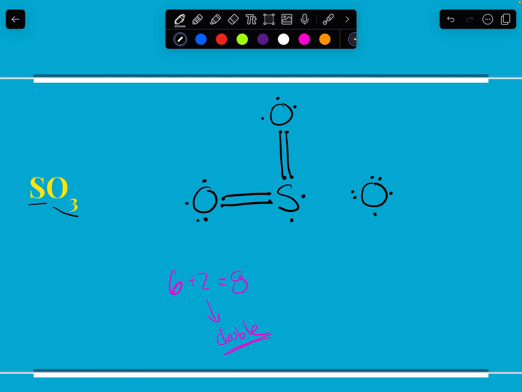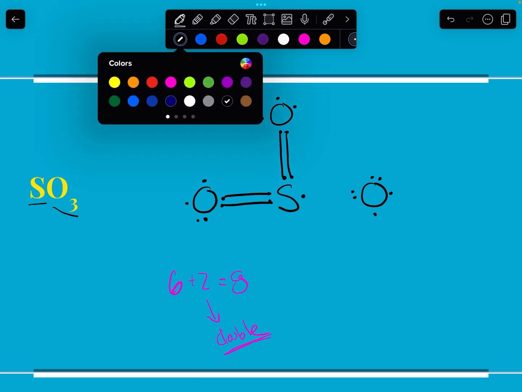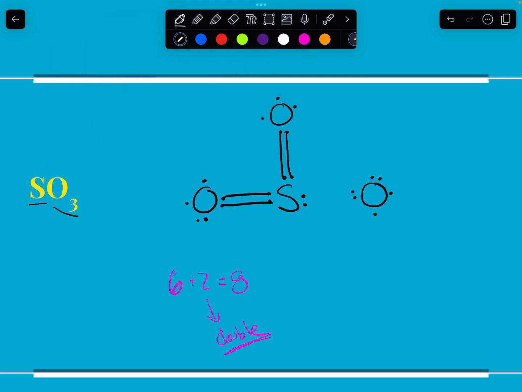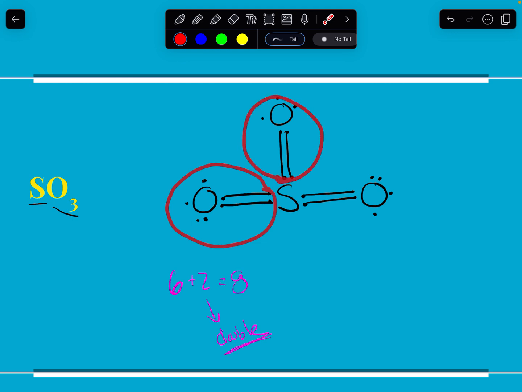Over here, let's move this dot. I'm going to erase this dot here, put it on this side to make it fit better, and then go 1, 2. So that gives us this oxygen has 8, this oxygen has 8, this oxygen has 8. All the outside atoms are happy, which is what we want.